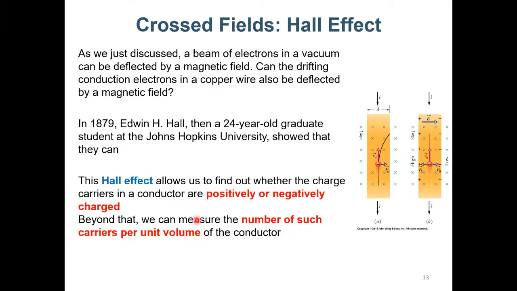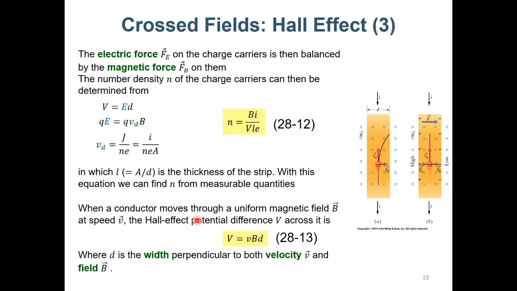The latter one is simpler because finally we can derive this equation, and actually the B, I, V, L and e are known. The external B field, you suppose you know. The current going through this wire is also known, and the voltage from this side to this side is also known.